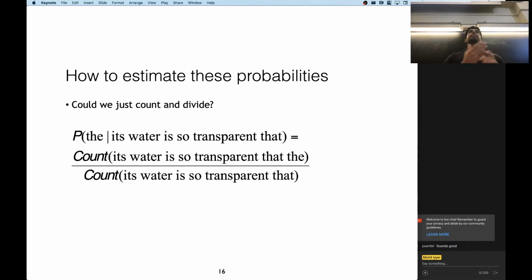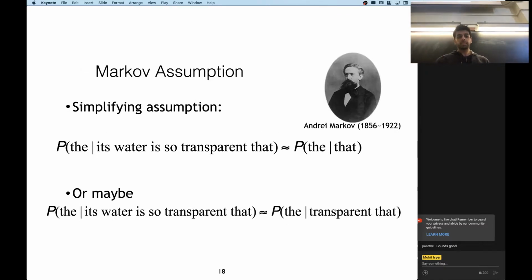So the n-gram model follows directly from this observation: how can we get rid of this sparsity problem but still have this simple count-based approach? It utilizes the Markov assumption, which I'm sure many of you have seen. If we wanted to compute the probability of "the" given "its water is so transparent that", we won't be able to compute this exact probability because we don't see enough occurrences of that prefix in our corpus.